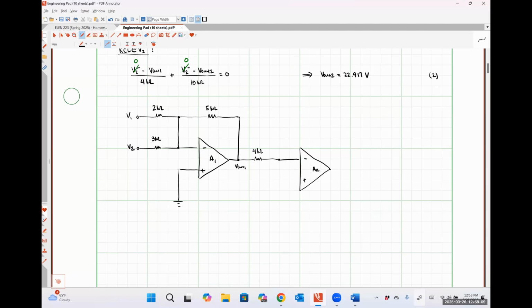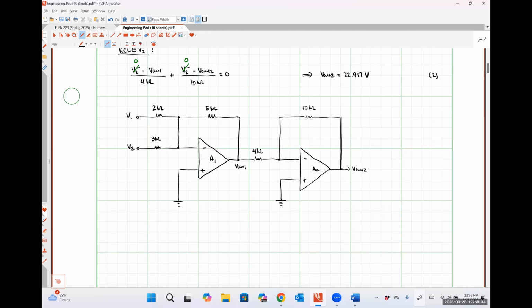Here's my amplifier A2. Ten kilo ohm resistor. V out 2. Let me ground this like so.